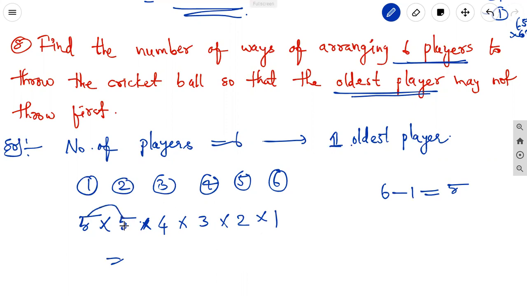So 5 5s are 25, 25 4s are 100. 100 3s are 300, 300 2s are 600. 600 is equal to the number of ways to throw the cricket ball, except the first throw with the oldest player. That is the condition. If you do not exclude the oldest player in the first place and take the 6, it becomes wrong. Okay.